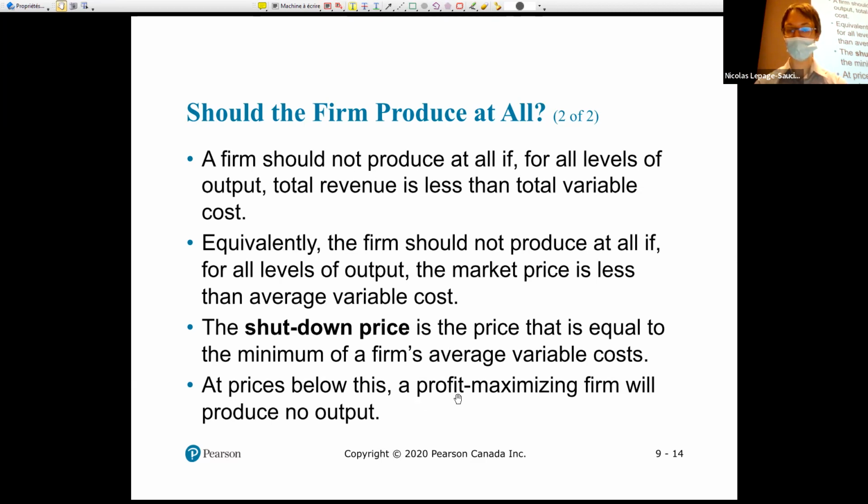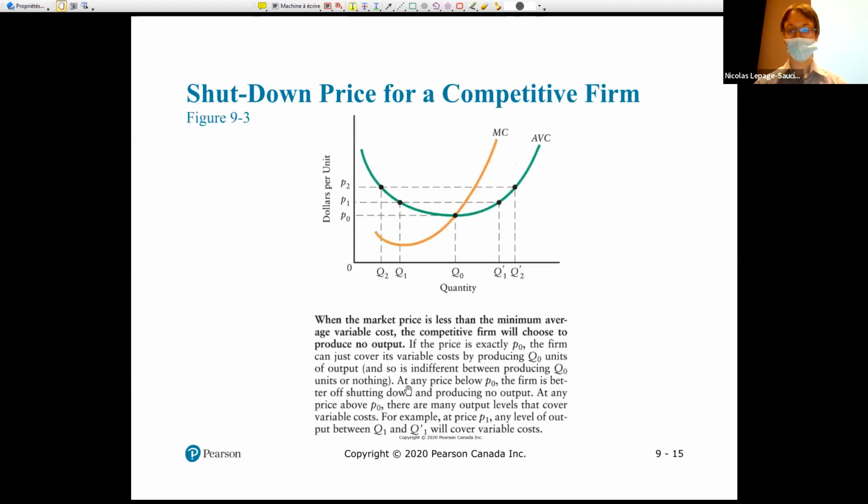Yeah, at prices below this, a profit maximizing firm will produce no output whatsoever. So this is the decision that the firm faces. The minimum of the average variable cost is P0, and that's the shutdown price. Below that, the firm does not produce at all.